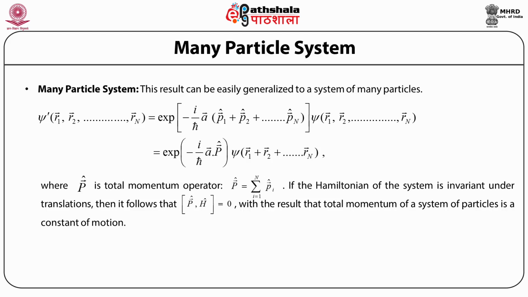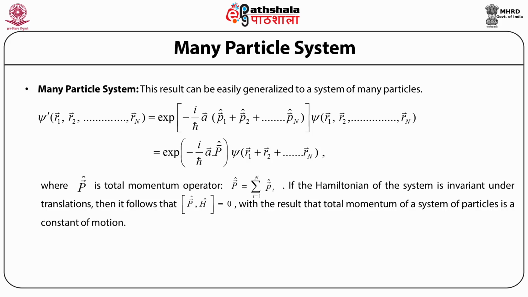And this, again, from the equations that we have derived earlier, we can see that this wave function psi prime as a function of r1, r2 and so on, and rn is equal to exponential to the power minus i by h cross times position vector a times, within brackets, momentum operator p1 plus momentum operator p2 plus so on plus momentum operator pn. This whole times the wave function psi as a function of r1, r2 and so on, and rn.